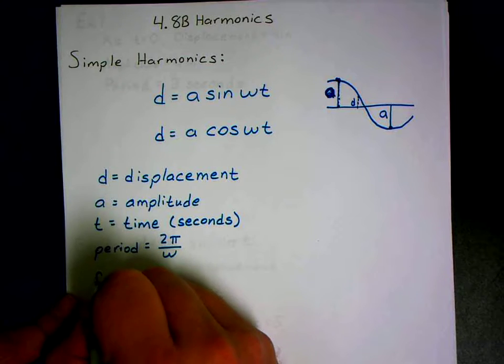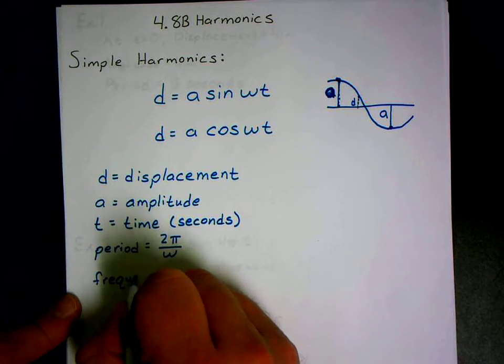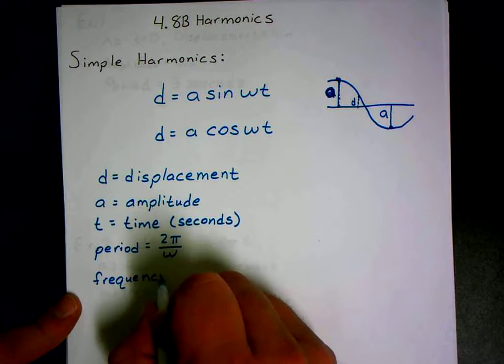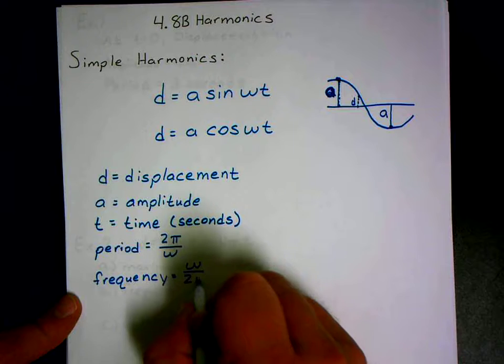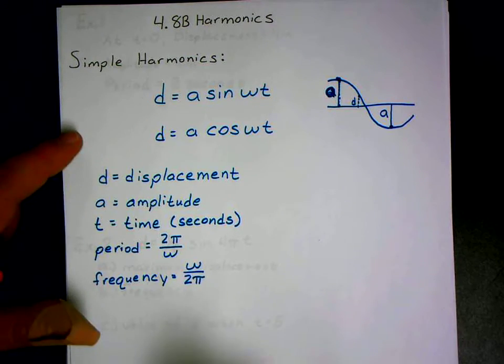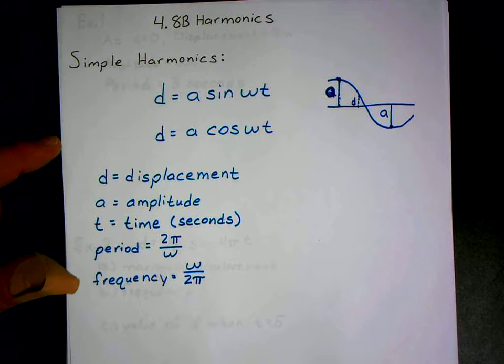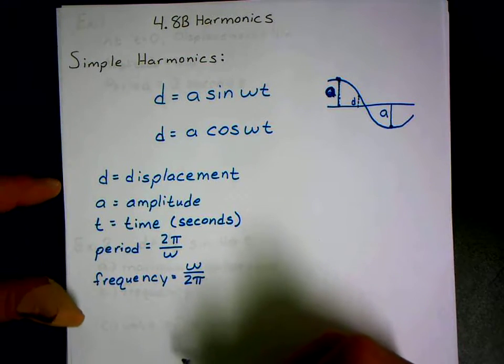And then we're also going to talk about frequency. Frequency is omega divided by 2 pi. Period and frequency are reciprocals of each other.